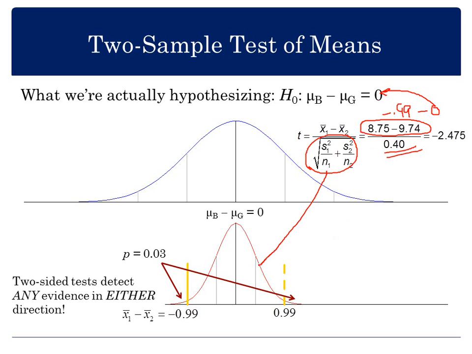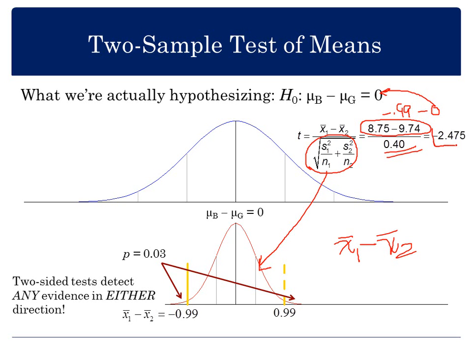So it's right here. This thing is the sampling distribution of x bar 1 minus x bar 2. Just like in the one-sample test, we had a sampling distribution of just the sample mean. Now we have a sampling distribution of the difference in two means, which means it has a really crazy standard error formula.